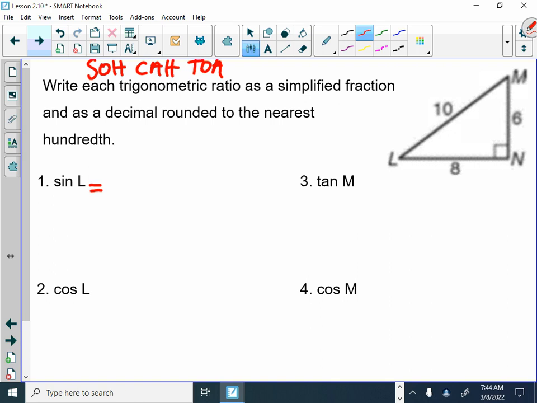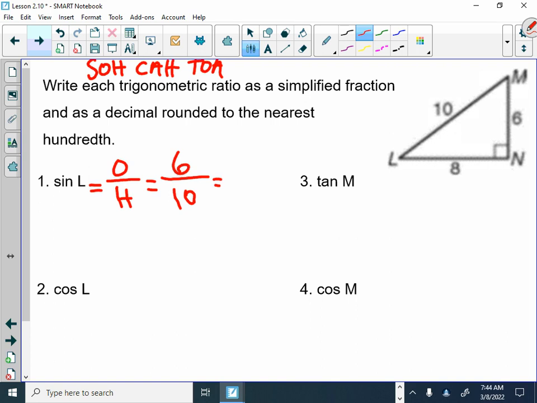Opposite over hypotenuse. So that means I need the leg that's opposite angle L. What leg is opposite of angle L? 6. And what is the hypotenuse? 10. So 6 over 10. Always reduce.